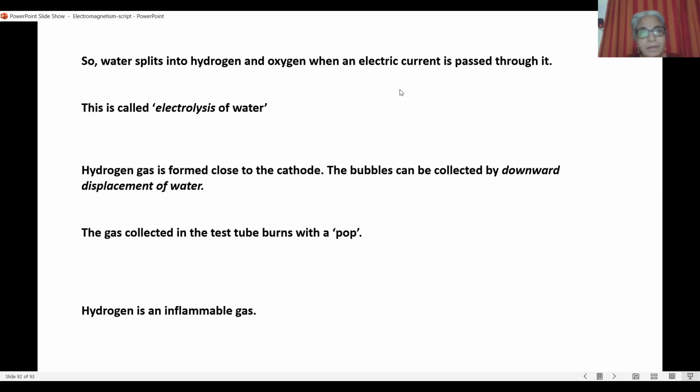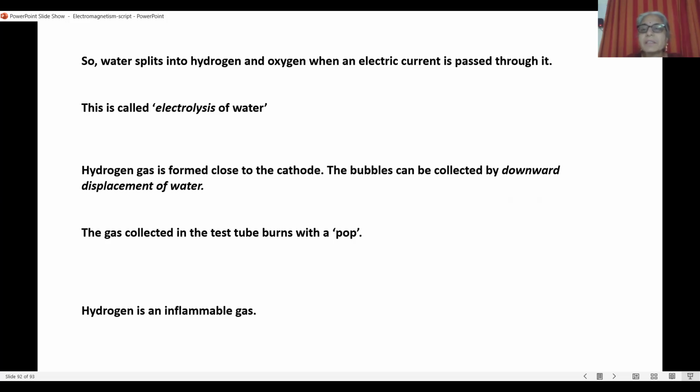In a chemistry video later, we will learn that water is a compound made of two elements, hydrogen and oxygen. And when you pass a current through water, water splits into hydrogen and oxygen. So this is called electrolysis of water. This hydrogen gas, which is formed close to the cathode, is the one that we see there, the bubbles which are moving up.